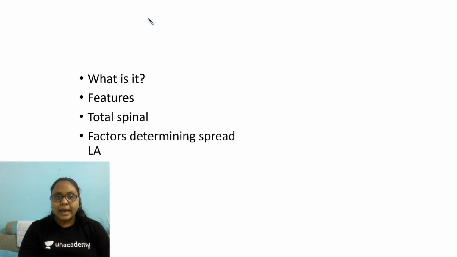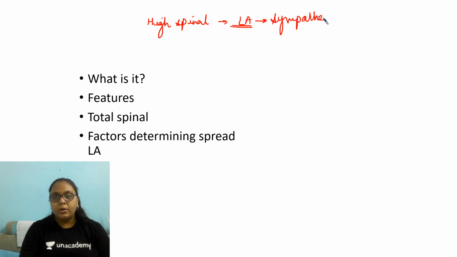First of all, whenever we give local anesthetic in spinal anesthesia, it causes sympathectomy, normally from the T5 to L1 level.